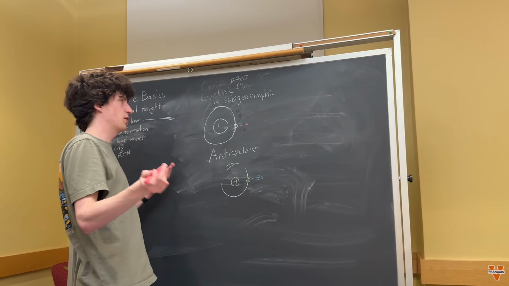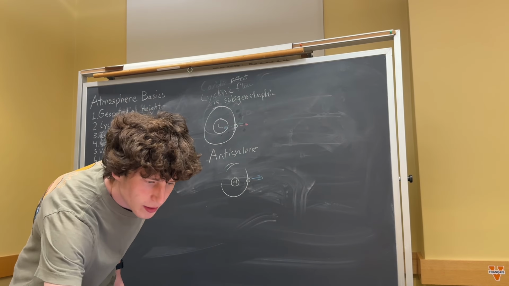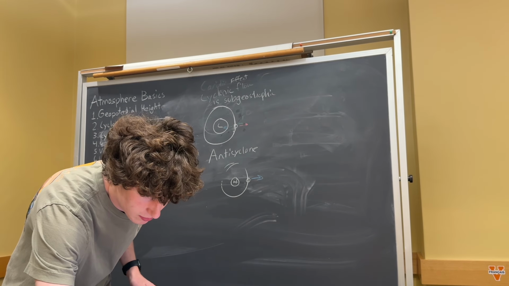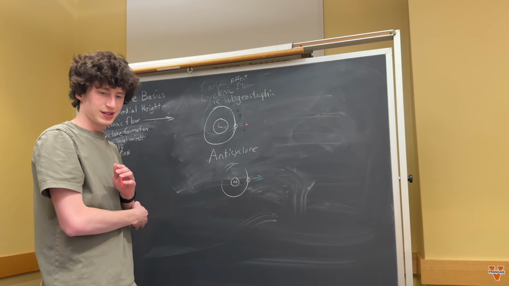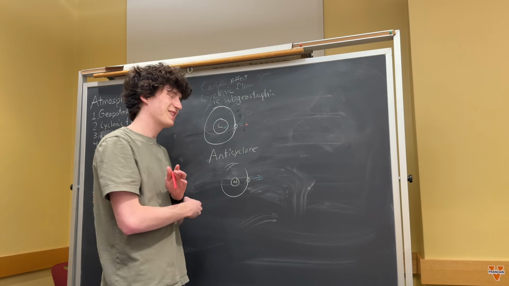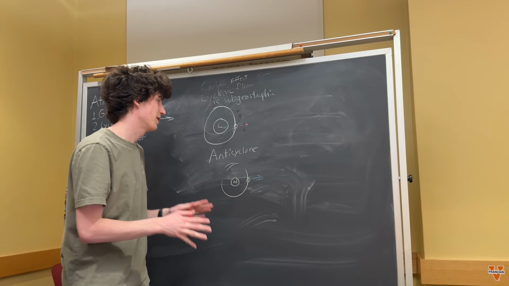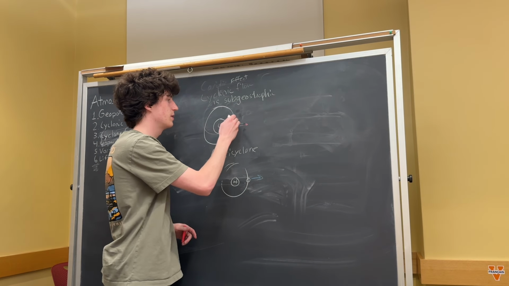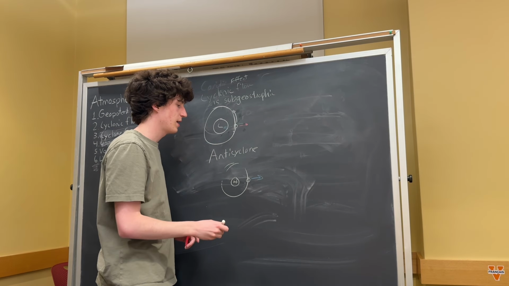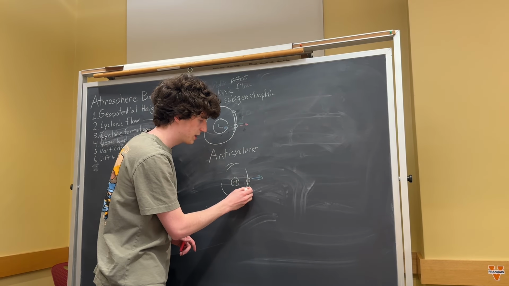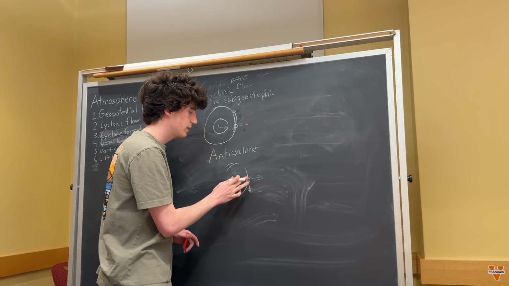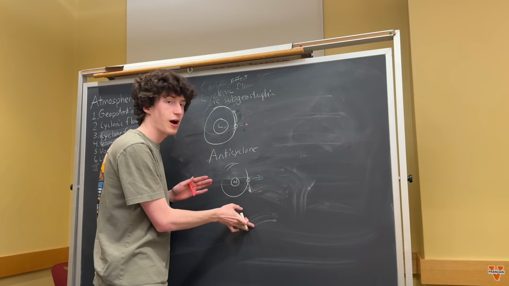And the Coriolis effect, let me make sure I got this right. This also is complicated, so just bear with me. This parcel is moving clockwise, so it's moving at this point and wants to move down to the south.